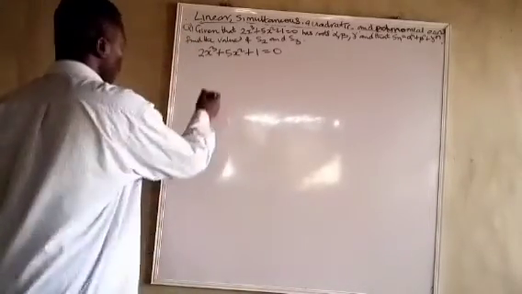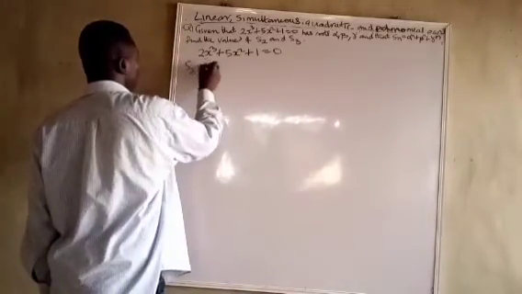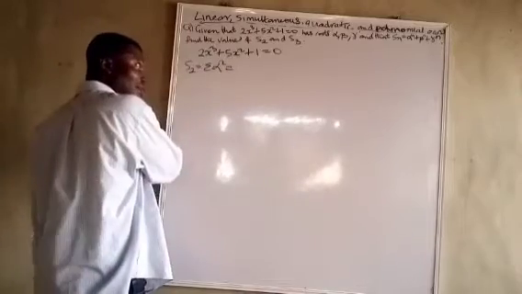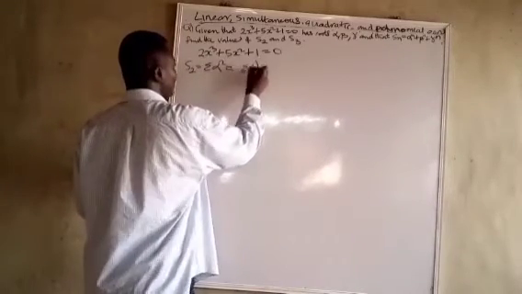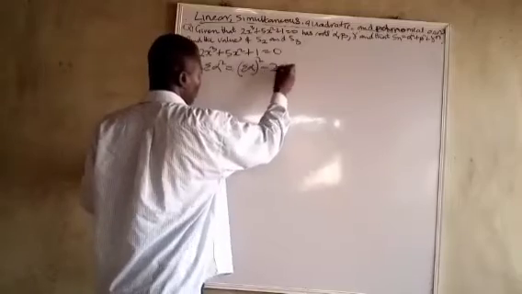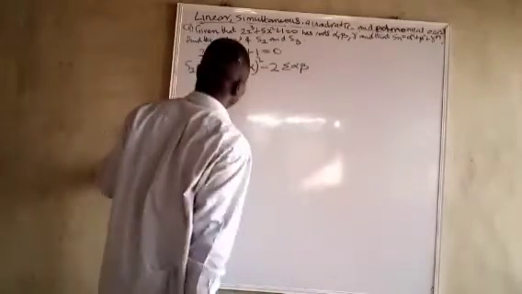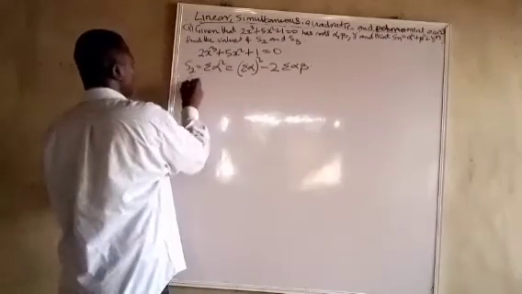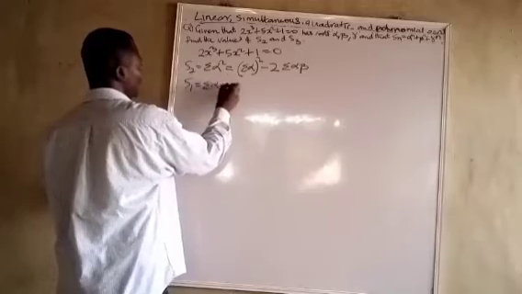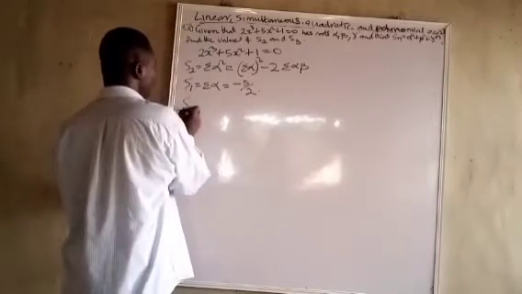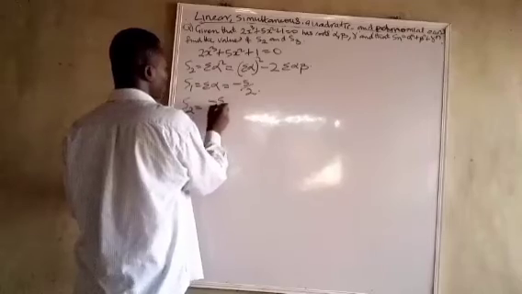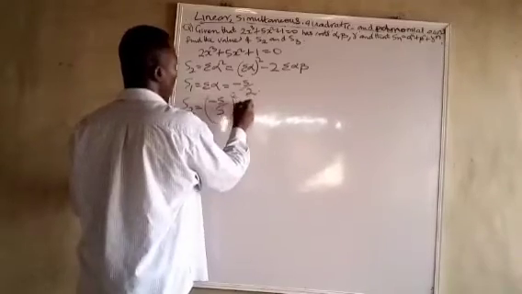And s2 is summation alpha squared. We can use our formula to get that: summation alpha all squared minus 2 summation alpha beta. And s1 is summation alpha, which is minus 5 over 2. So s2 will be equal to minus 5 over 2 squared minus 2.